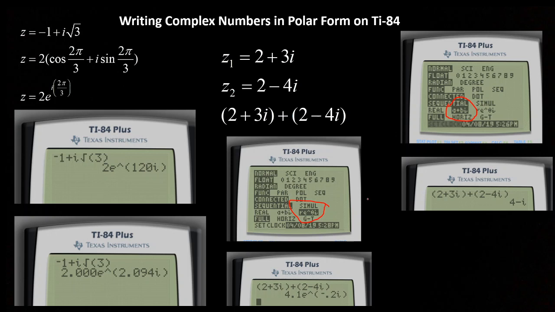If I put it in exponential form, this is what I get, and if I put it in this form, I get this. Even if it's in exponential form, you don't have to input in exponential form. You can input in this form, and the calculator gives the final answer in exponential form.